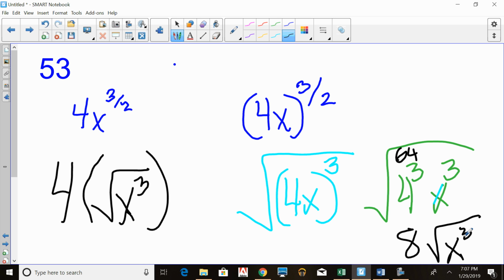And because that's a square root and x to the 3rd, you can divide, because there is a 2 here, and 2 divides into 3 one time with a remainder of 1. You could turn this into 8x square root of x. Because 2 goes into 3 one time, that's why you have x on the outside, and then there's 1 x left over.